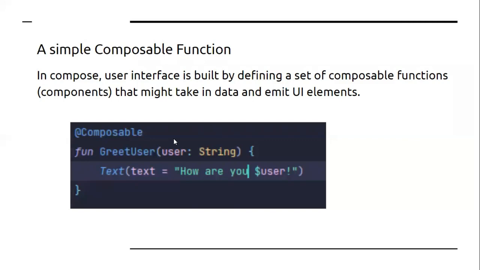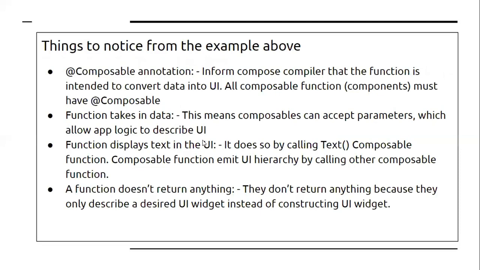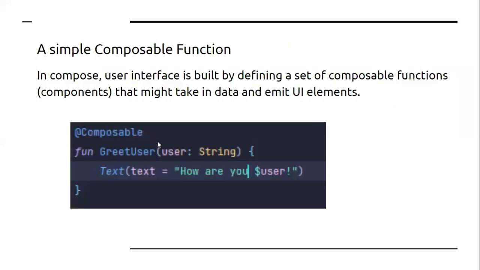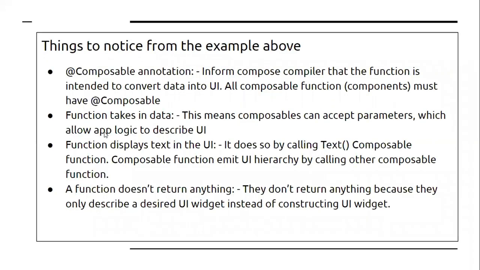Now we are going to look at this function a little bit closer. From the example above, you might notice the Composable annotation at the top here. This is the one that informs the Compose compiler that the function is intended to convert data into UI. So all composable functions, all components, must have the Composable annotation.